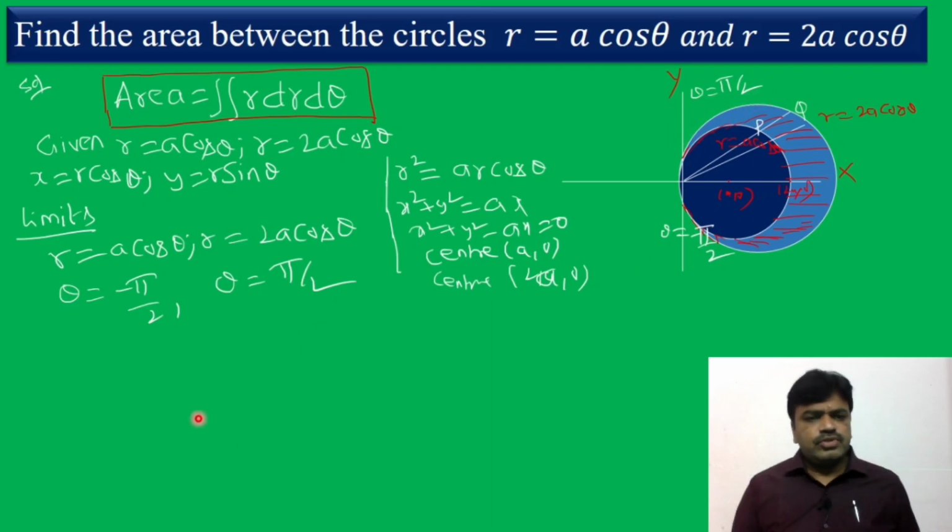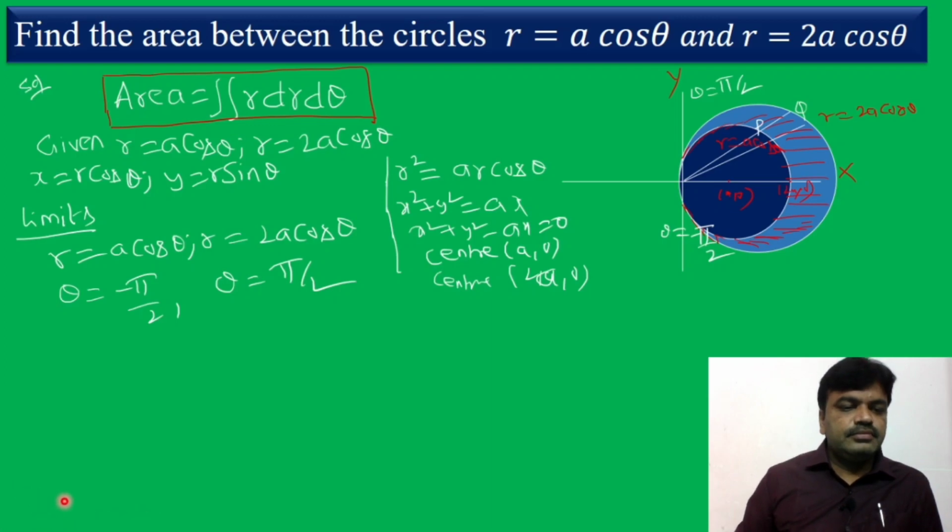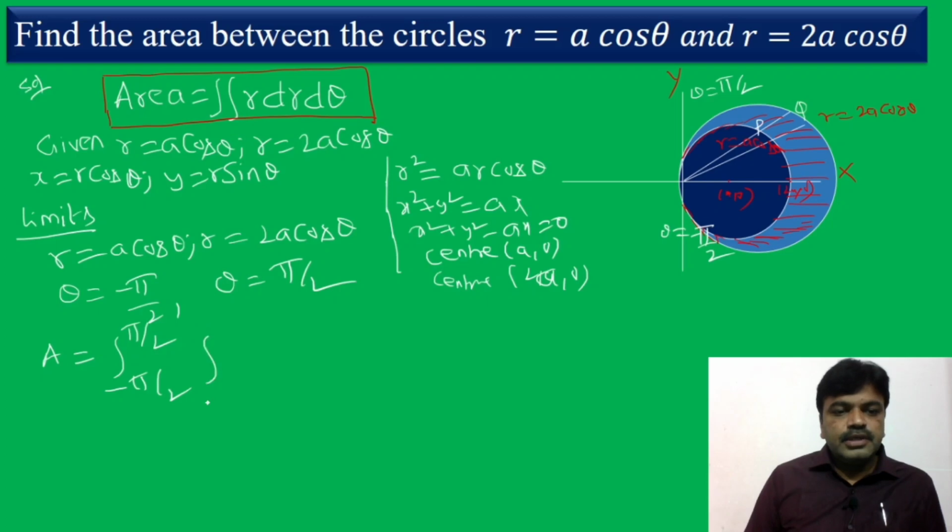Simply substitute here. So area is equal to integral from minus pi by 2 to pi by 2, integral from a cos theta to 2a cos theta, r dr d theta. Now the integral of r dr is r square by 2.